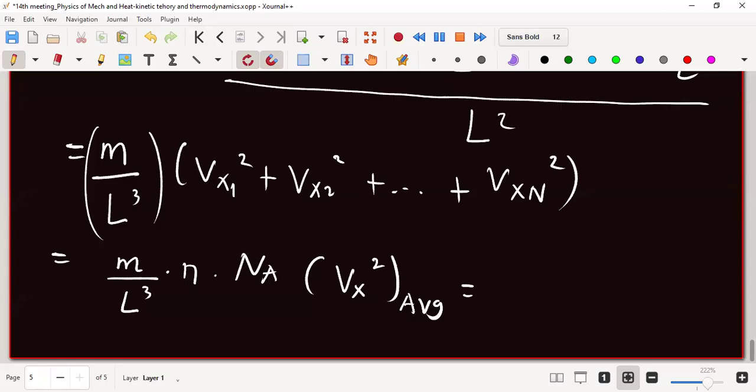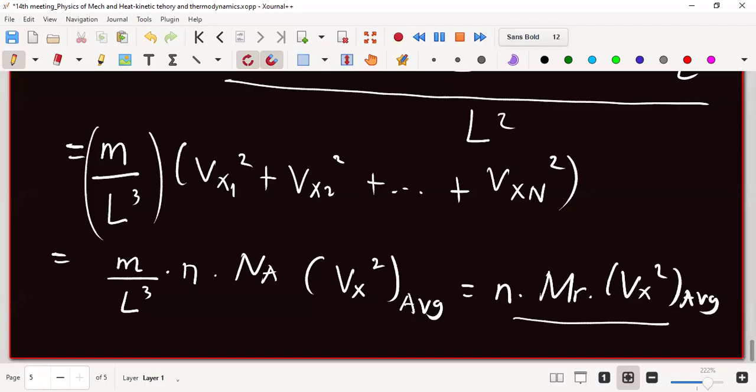So we can write N molar mass times Vx square average divided by volume. This one is the pressure.